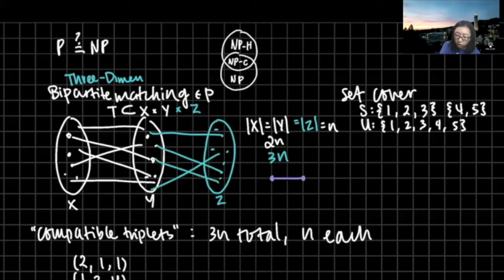Instead of 2-element tuples, you have to look at 3 at a time. The question is: is there a set of n triples in this T subset such that each of the 3n elements is contained in exactly one triplet? Of course, they have to be contained in some triplet, but exactly one. This is our definition of a perfect 3D matching.